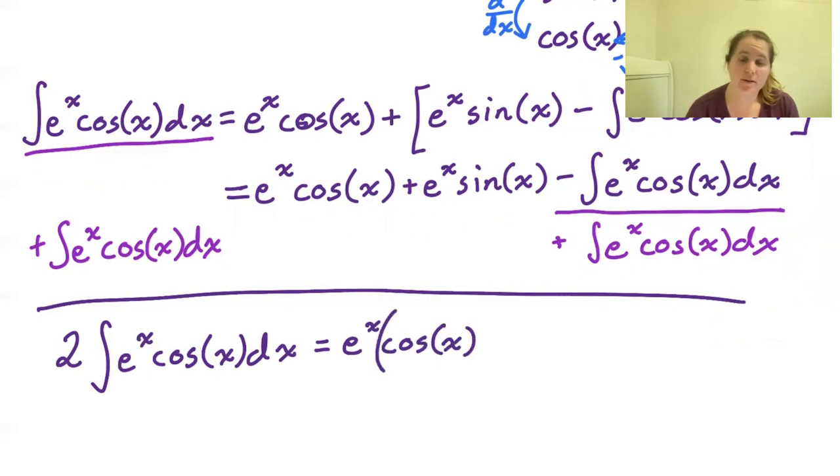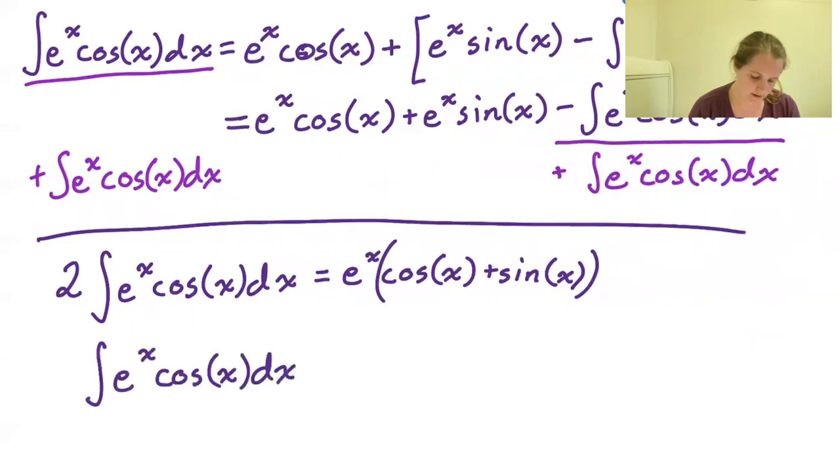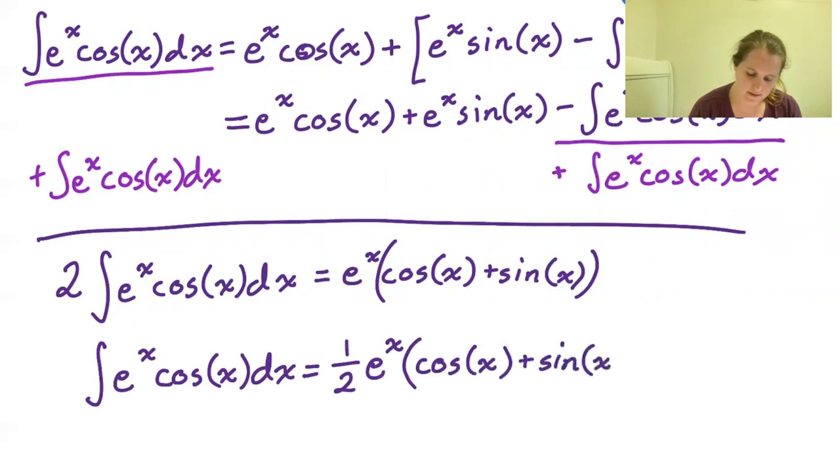I'm going to actually factor out my e to the x, so e to the x times cosine of x plus sine of x. And then we can divide by 2, and then we should throw in our plus c. So we have e to the x cosine of x dx, the integral of that is equal to 1/2 e to the x times in parentheses cosine of x plus sine of x, and then plus c.